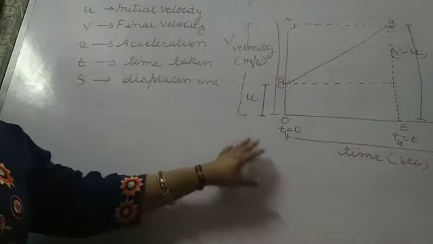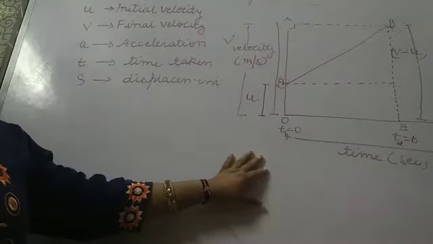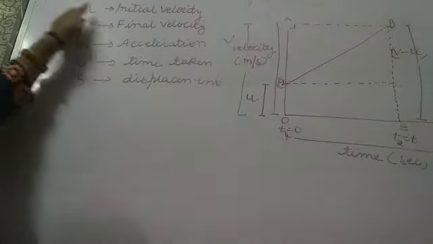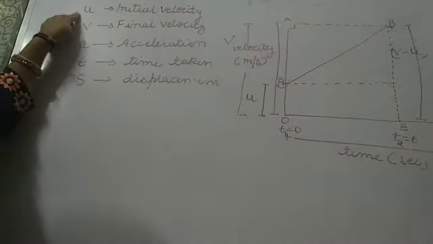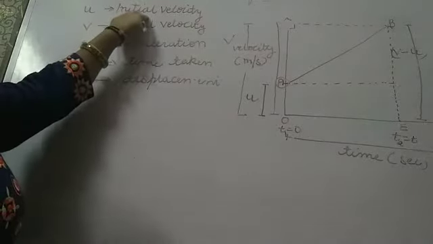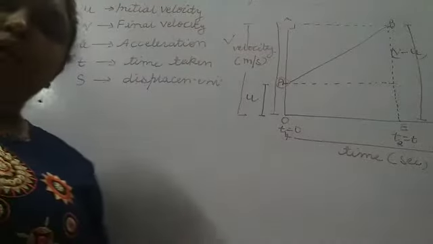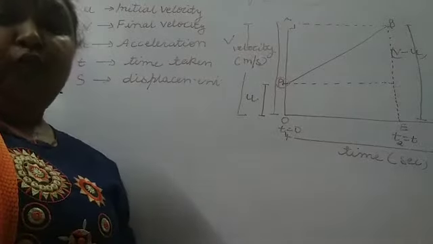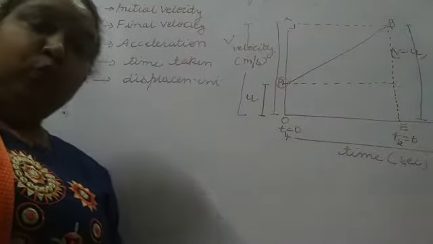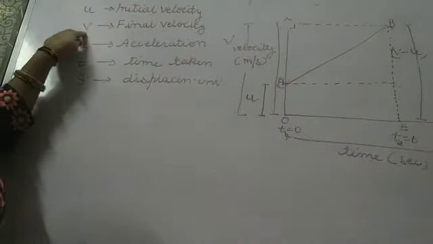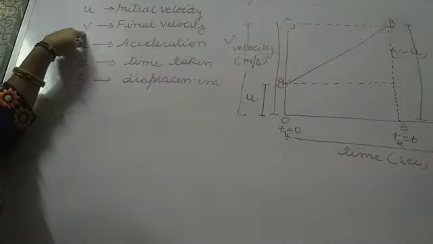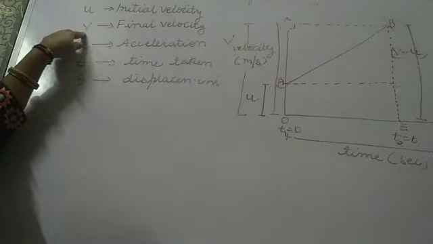I will let you know each and every term which was used in this. First of all, u is the initial velocity of any object. We have to consider one object which is moving with the initial velocity u, and let us consider that it reaches a point with the final velocity v.